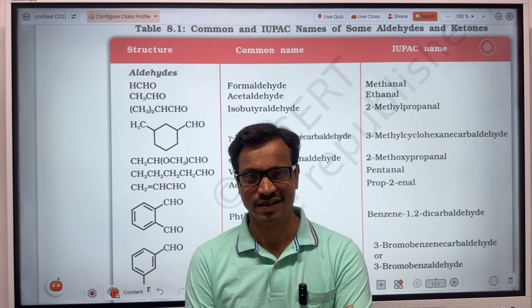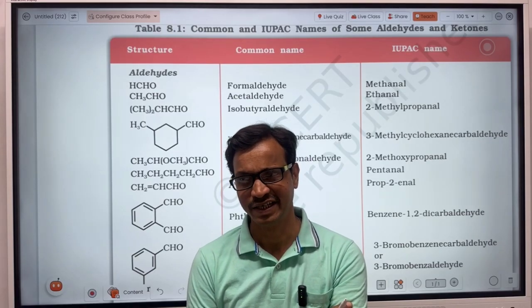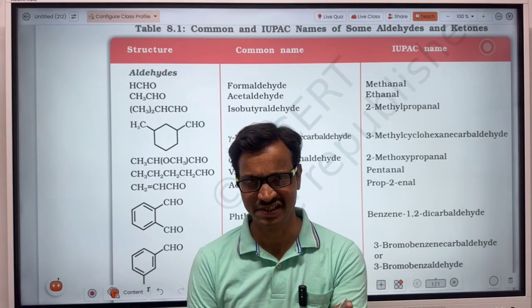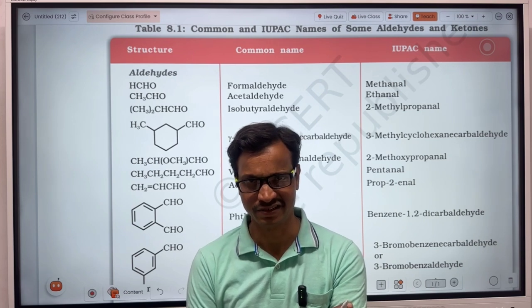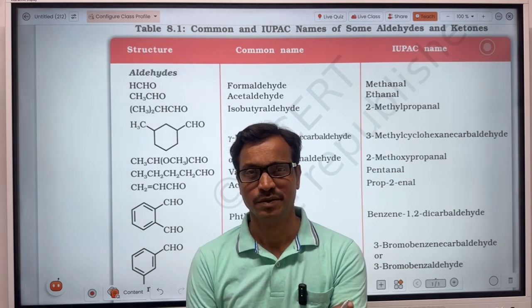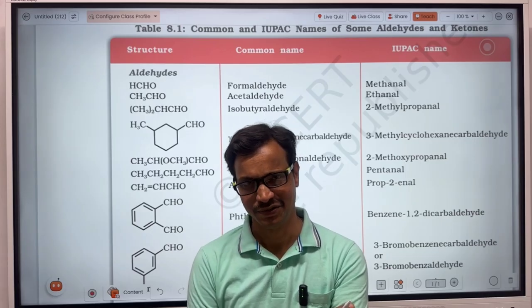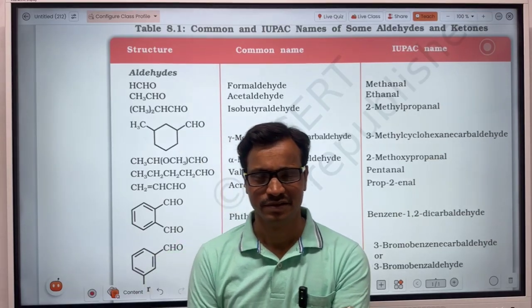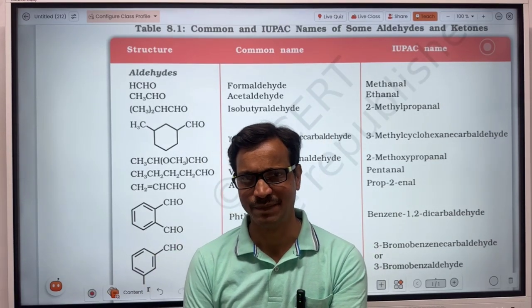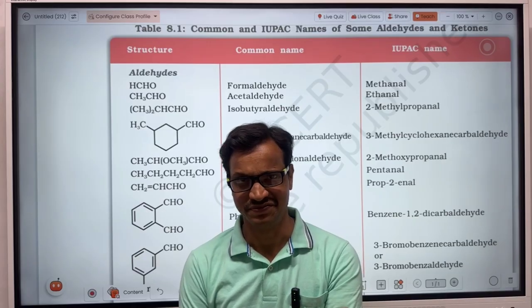When you touch a red ant and it hits you with its sting, the red ant secretes methanoic acid, and due to that acidic character you feel a burning sensation. So usually the common name of a compound is based on the Latin word.